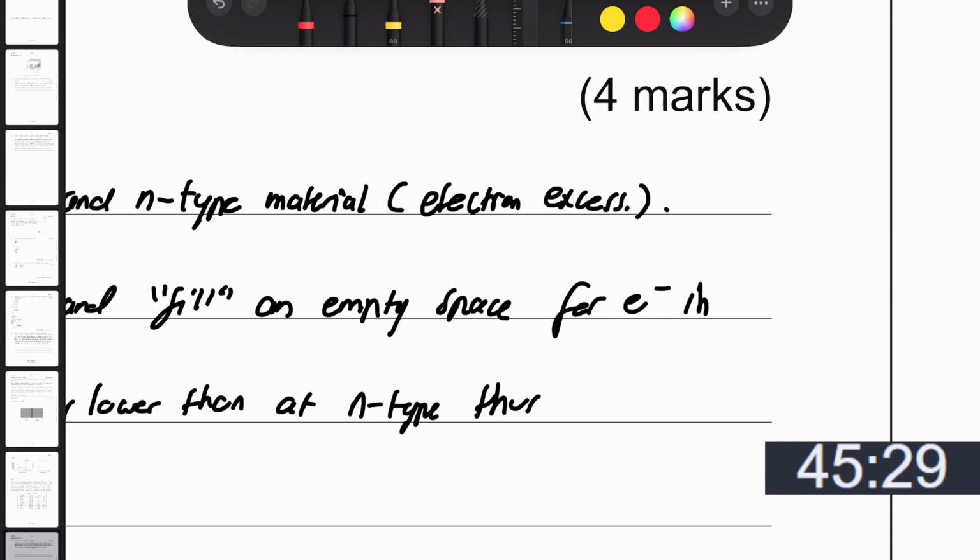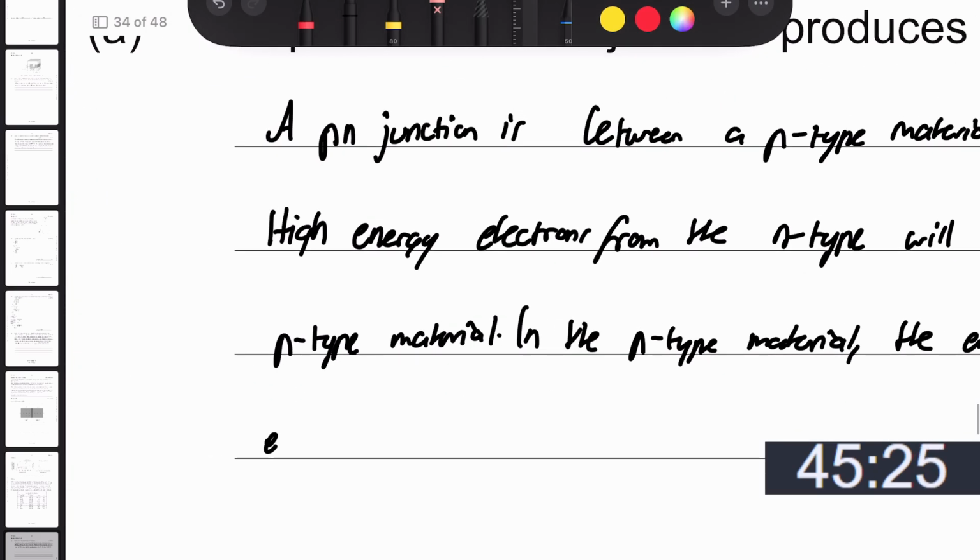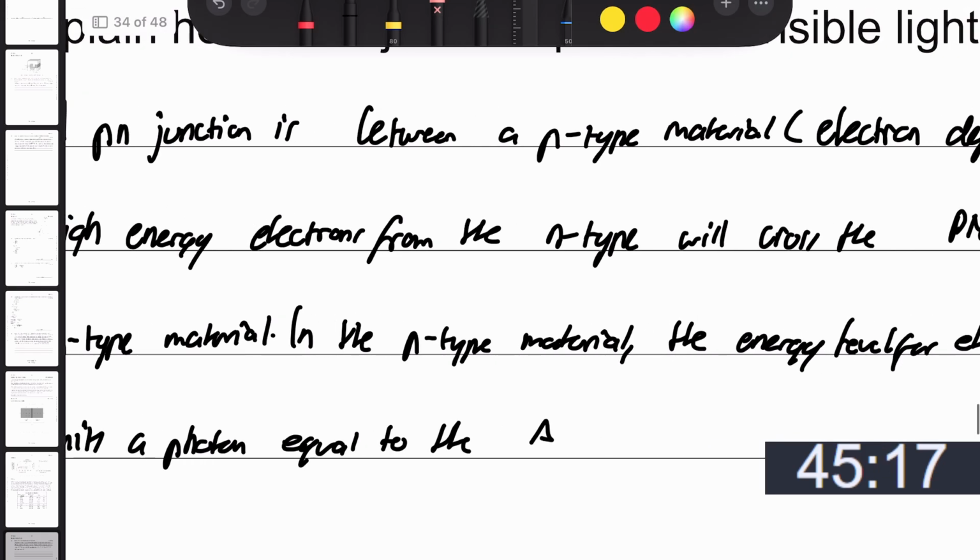Thus, the electron emits a photon equal to the difference in energy.